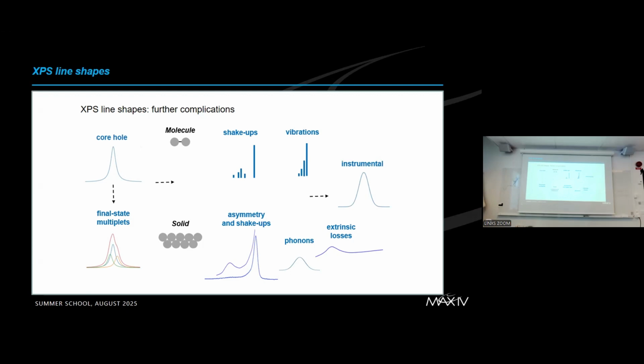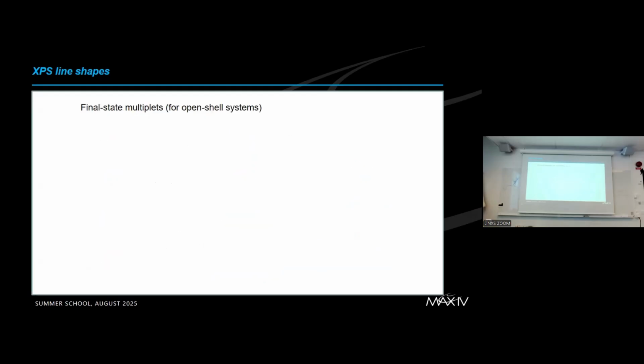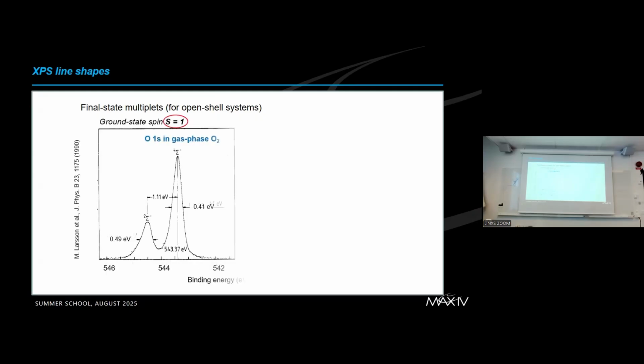So let's look first at the final state multiplets here. This is something which is typical for open shell systems when you have unpaired electrons in the valence band. A very simple and very prominent example here is the oxygen molecule in gas phase. If you measure an XPS oxygen spectrum, you will see that it has two peaks instead of one.